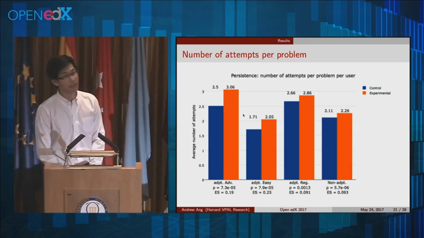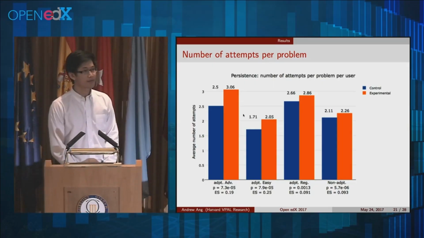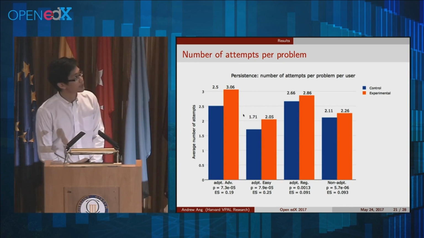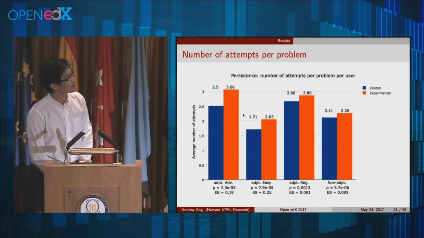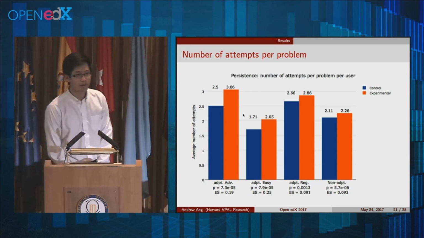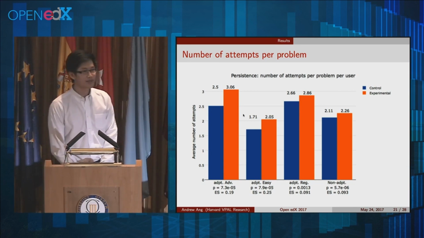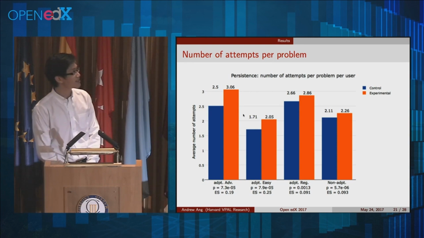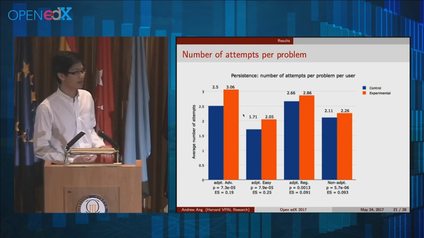And so the interesting stuff comes when you start looking at, say, attempts per problem or problems per user. Here, this shows pretty clearly that students make more attempts per problem. And at first, I was a little taken aback. You could interpret this in a couple of ways.